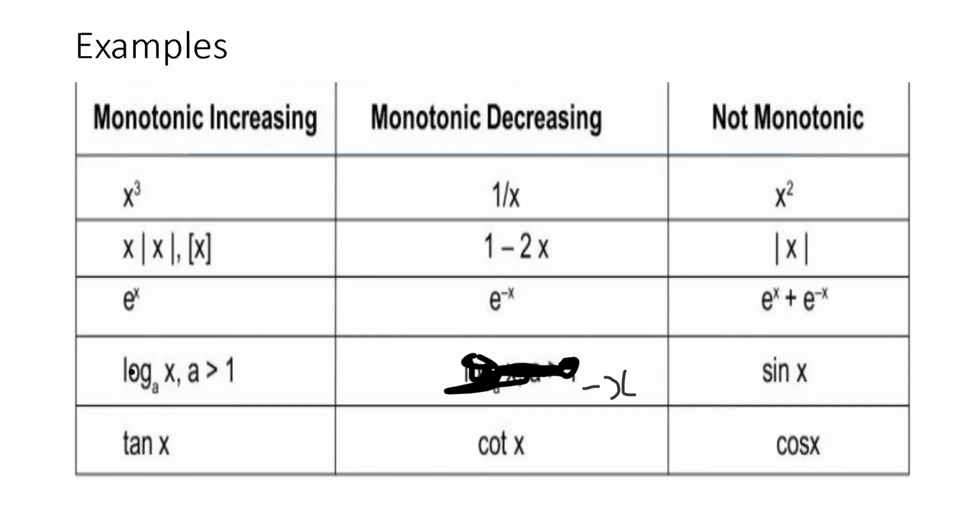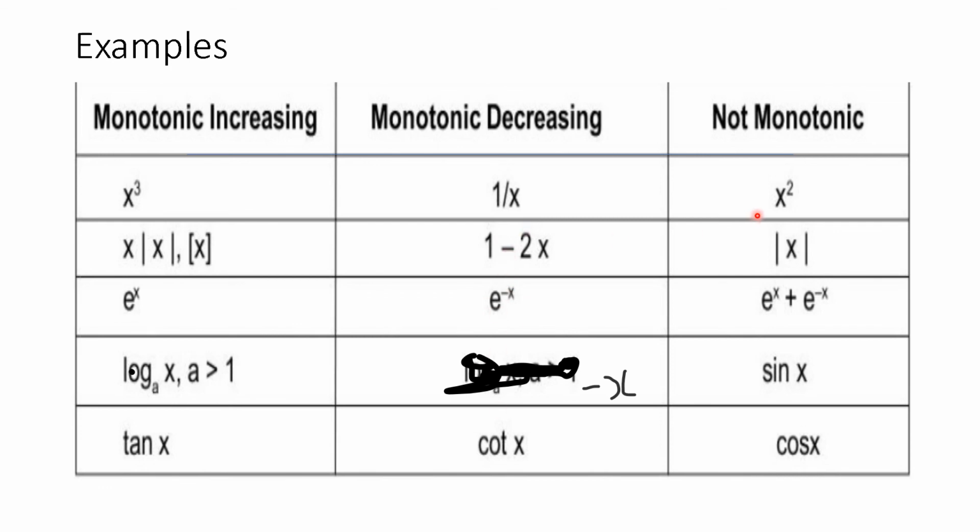Look at this table. In the first column, these are all the monotonically increasing functions. Here f of x is equal to x cube, x into modulus of x, e power x, log x, and tan x are some examples of functions which are monotonically increasing, whereas 1 by x, 1 minus 2x, e power minus x, minus x, and cot x are some examples of functions which are monotonically decreasing.